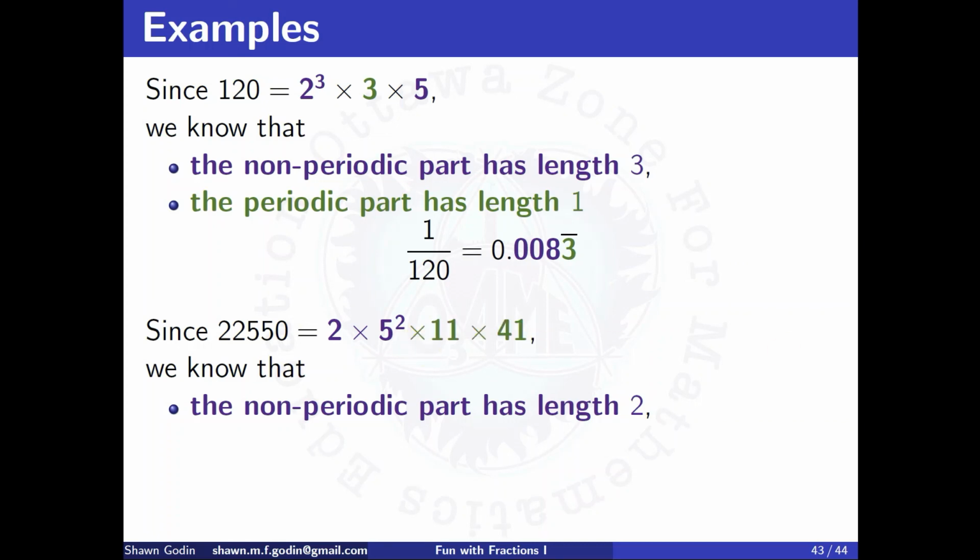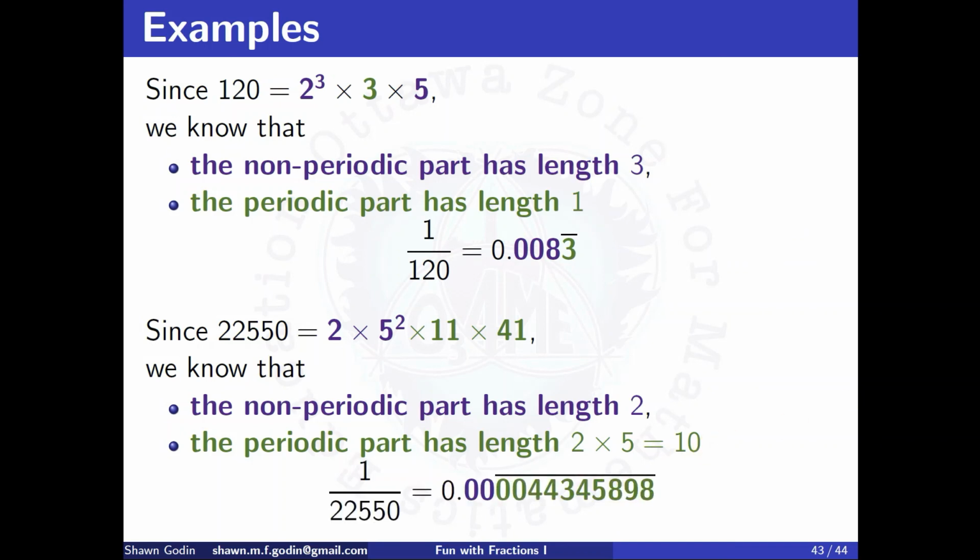Looking at the non-2's and 5's, the period length of 11 is 2 and the period length of 41 is 5, so the period is going to be of length 10. If we work this out, we get 2 digits that are not part of the period, followed by 10 digits that repeat.